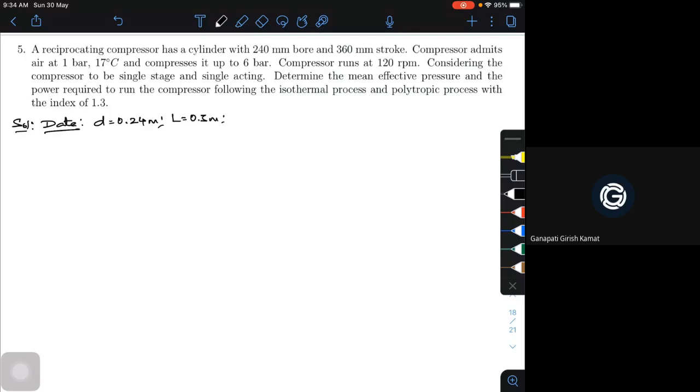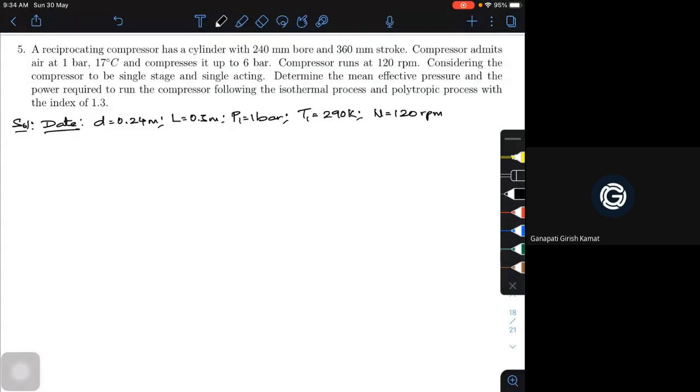The compressor admits air at P1 equal to 1 bar and T1 equal to 17 plus 273, so it is 290 Kelvin. The compressor runs at speed N equal to 120 rpm.